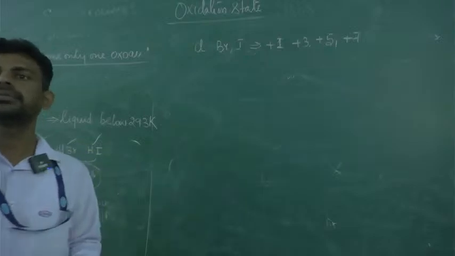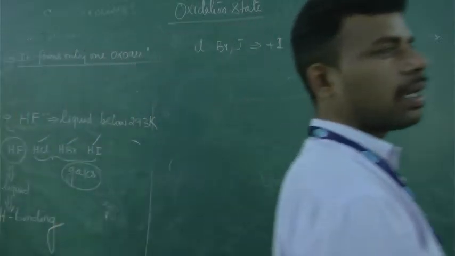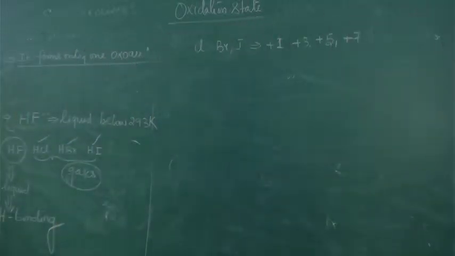Okay? Is it clear? இதில் என்ன பாயிண்ட் எடுத்துக்கலாம்? Cl எழுதியிருக்கேன், Br எழுதியிருக்கேன், I. அதில் in addition to -1 என்ன ஆக்சிடேஷன் ஸ்டேட்லாம் அவைலபிள் இருக்கு? +1, +3, +5.